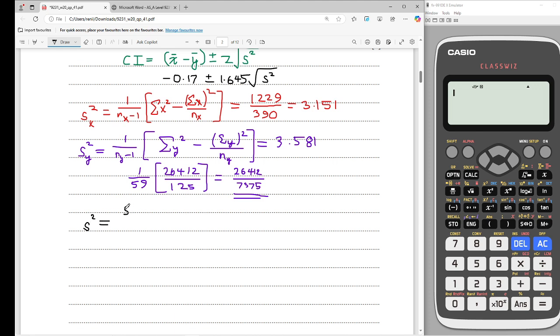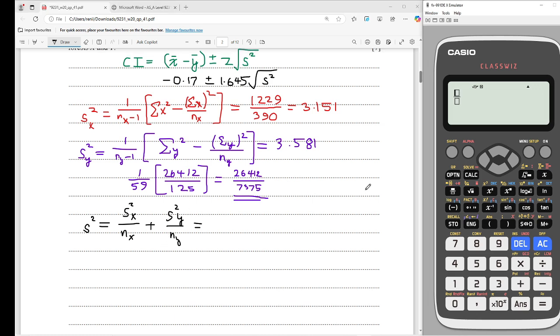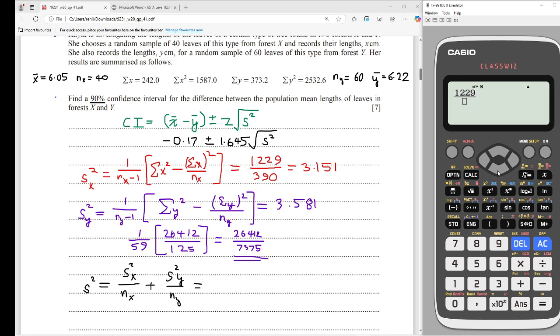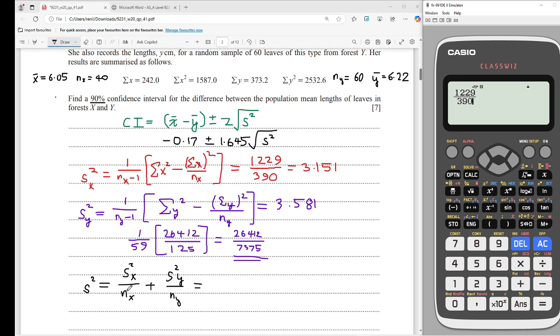And so we use the basic formula S2x divided by the number of terms of x plus S2y divided by the number of terms of y, which is equal to, now here we can just plug in our decimal values, but I suggest using fractions. Yes, let's do 1229 by 390, and when you're dividing S2x by nx, you're just multiplying the denominator of S2x with nx.